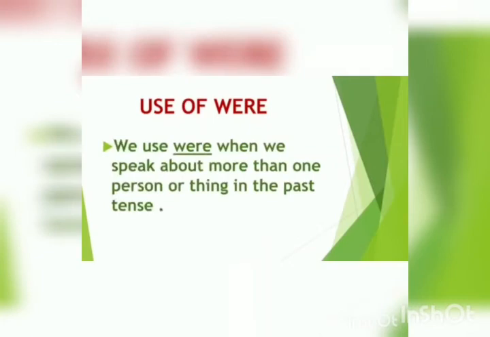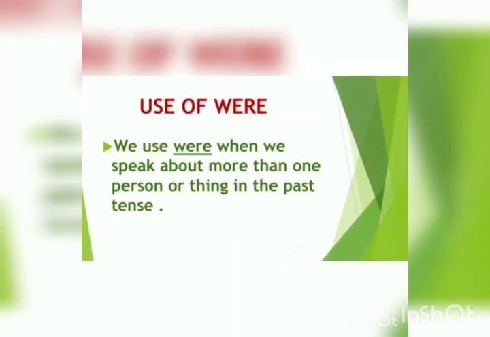See next, use of were. Where do we use were? See very carefully, children, we use were when we speak about more than one person or thing in the past tense.